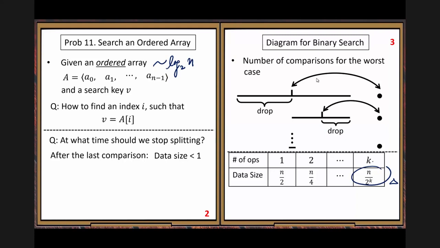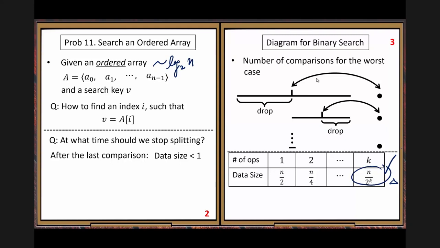So we try to find that place. The data size, n over 2 to the k, is strictly less than 1. But the data size after the previous split should be greater than or equal to 1, so that you can still do at least one more split.